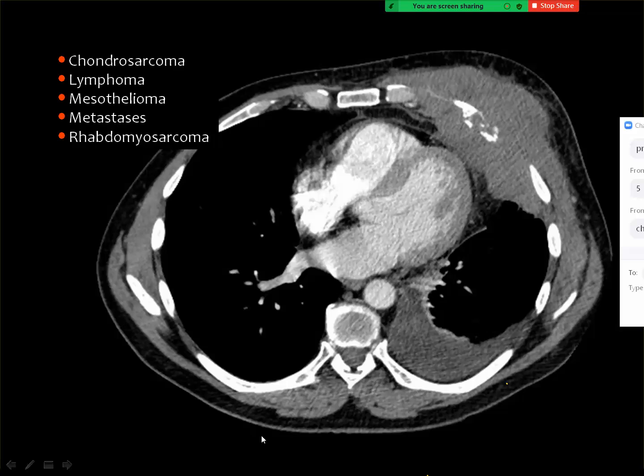Rhabdomyosarcoma, no. Chondrosarcoma, no. Mets, yes. I also said in the lecture of chest wall and pleural that if you see a mass centered on the chest wall, meaning that part of the mass is inside the hemithorax and the other part is outside the hemithorax, associated with destruction of the rib, you think first of all of a metastatic lesion.